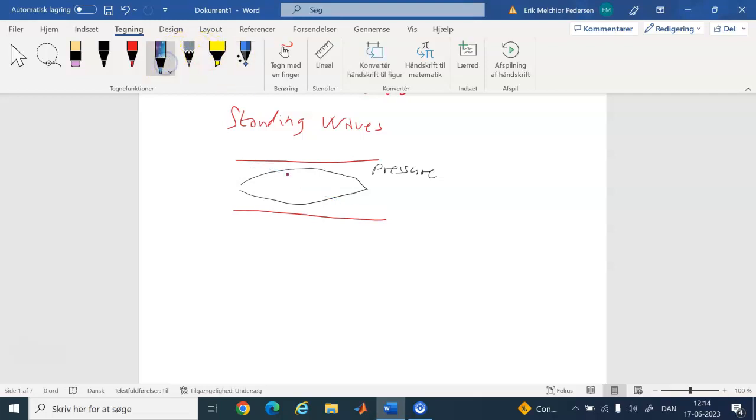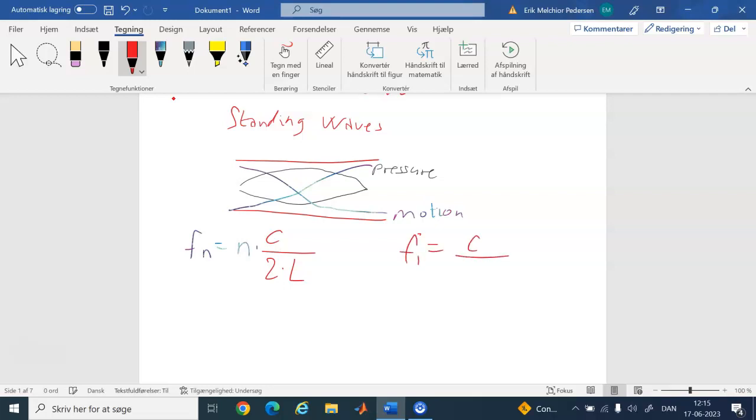This is motion. And it comes up that the harmonics are f_n equals n times the speed of sound divided by 2 times L, or should I say f_1 is c over 2 times L effective.